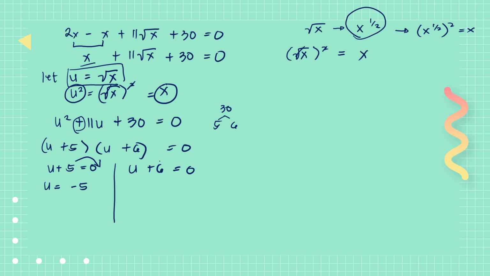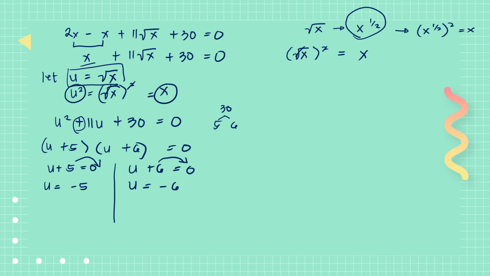Same thing with positive 6. You will transpose it, and it will give us u equals negative 6. So now we have the values of u, negative 5 and negative 6, but we need to solve for x.